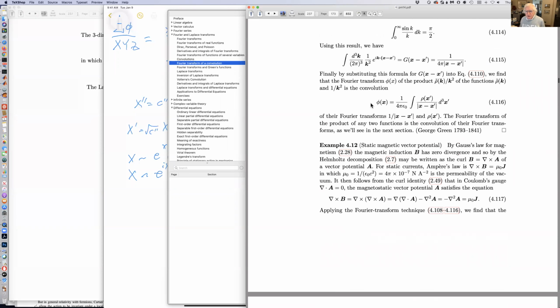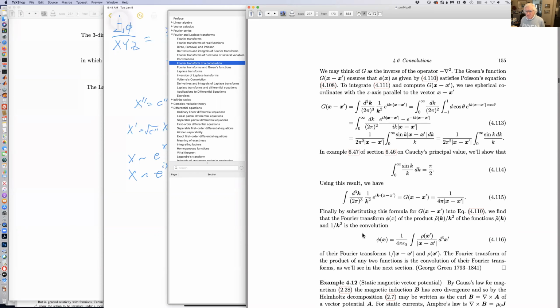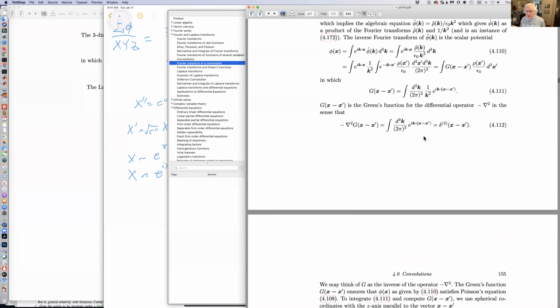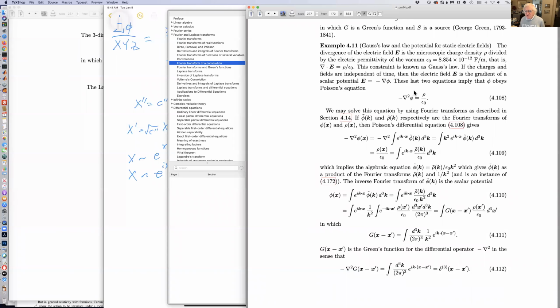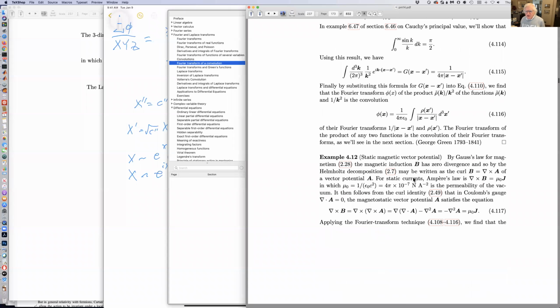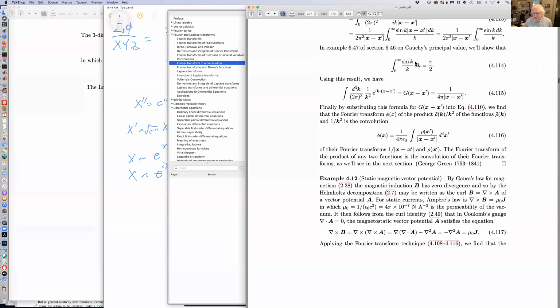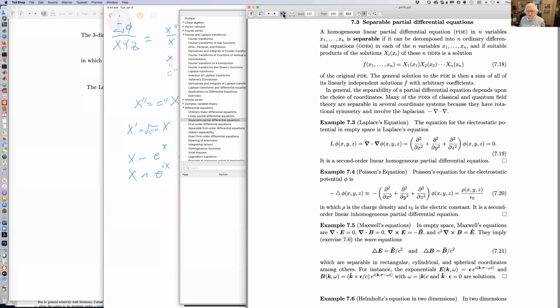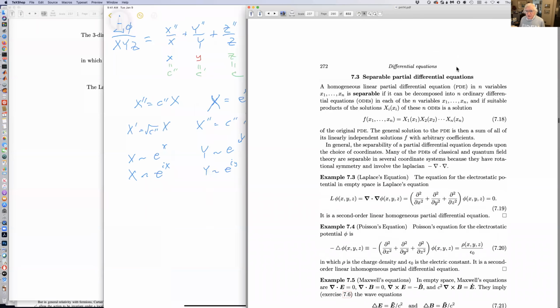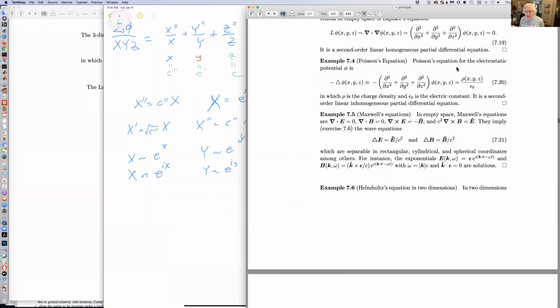Right, here we are. So here's the way we can solve Poisson's equation. So here's Poisson's equation, and you see this is the standard way to solve it. In any event, going back to separable partial differential equations.